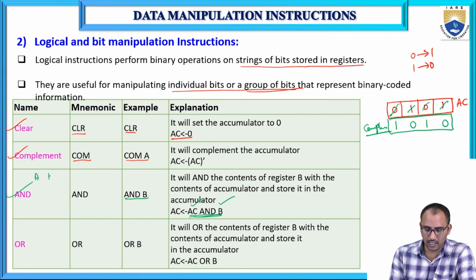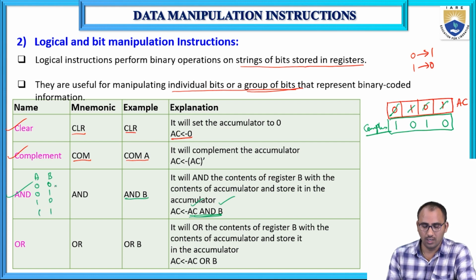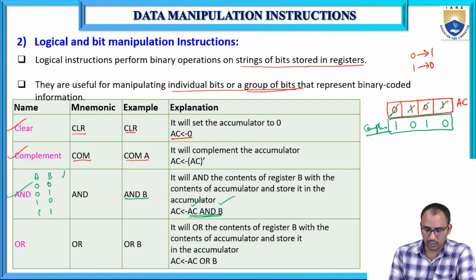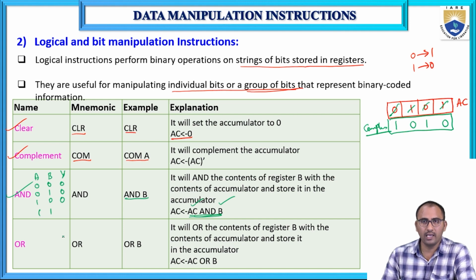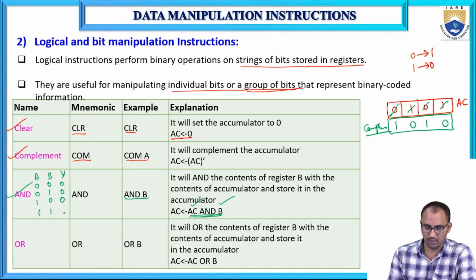Let us assume A and B are the two inputs. With two inputs, there are 2 power 2 combinations: 0 0, 0 1, 1 0, 1 1. These are the different input combinations. Let us assume Y is the output of the AND operation. If any one of the inputs is logic 0, then the output is 0. The output is logic 1 only if all inputs are logic 1. So this is the AND operation.